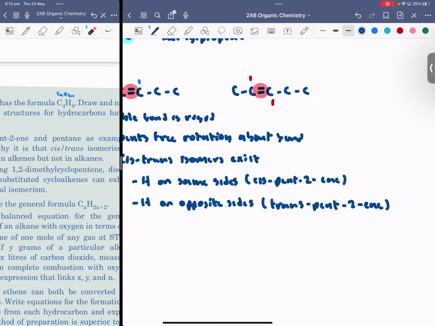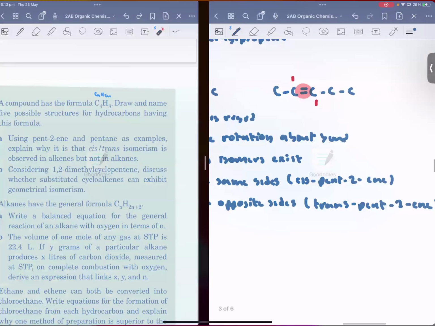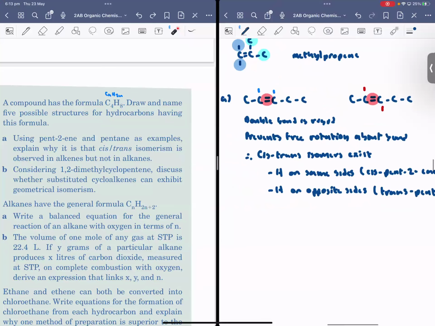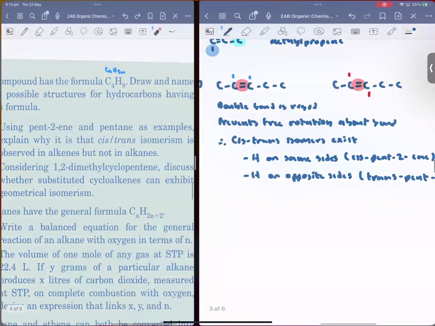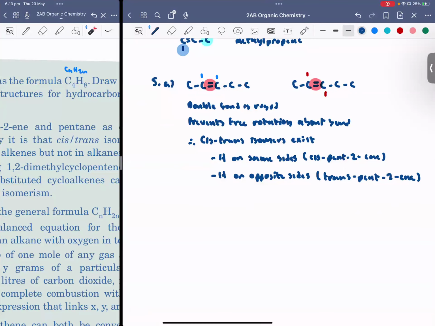Cool? All right, easy. And then obviously, guys, pentane is what? Single bonds. What can you have in single bonds? Free rotation. So then it's not really a new molecule.